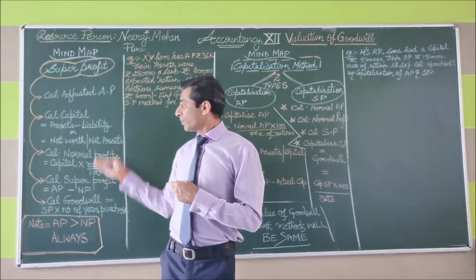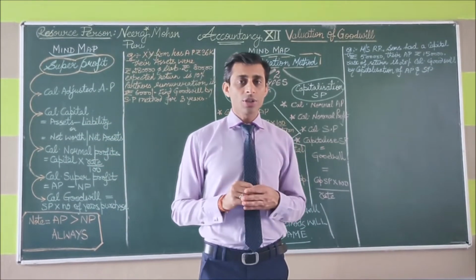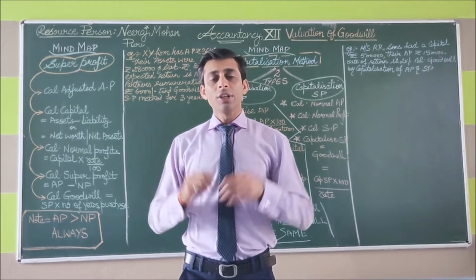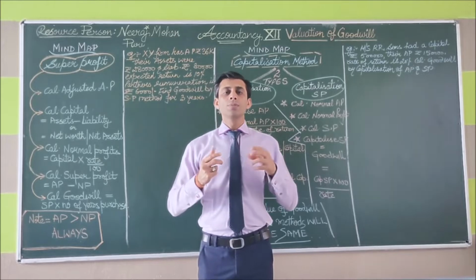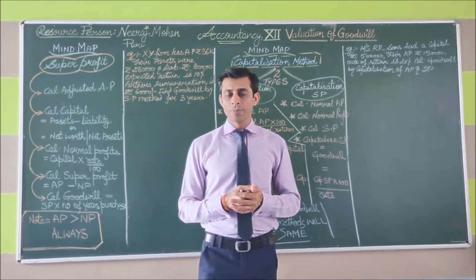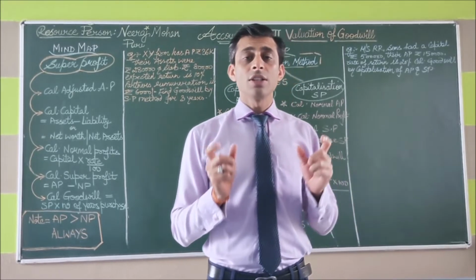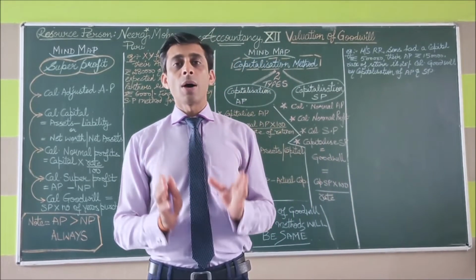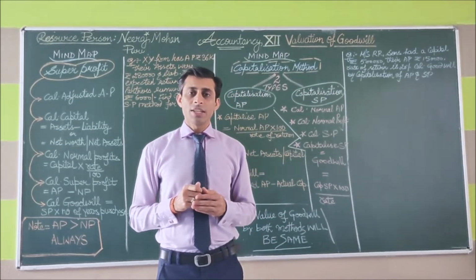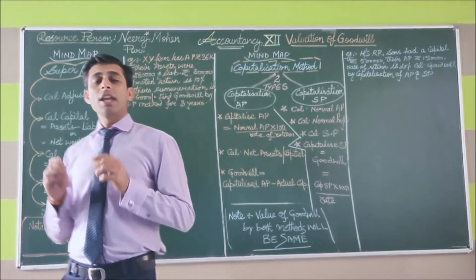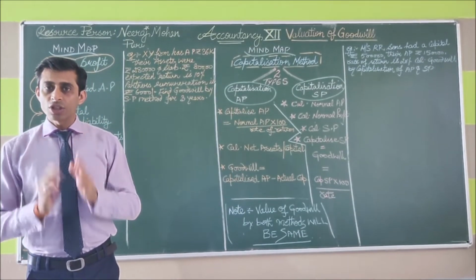Before I check up this flow chart and various steps to calculate the valuation of goodwill under super profit, let us understand the term super with a simple example in our day-to-day life. Let us say, if I ask any of the students what your expectations are about your board results, and one of them says I expect 85% marks, this is his expectation.